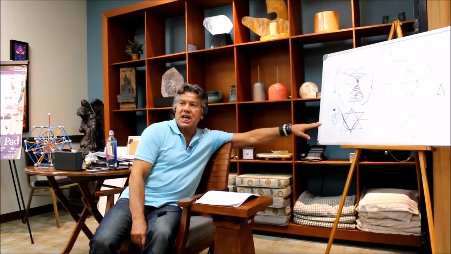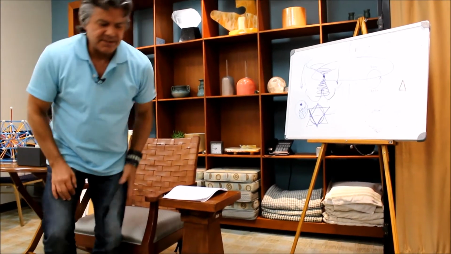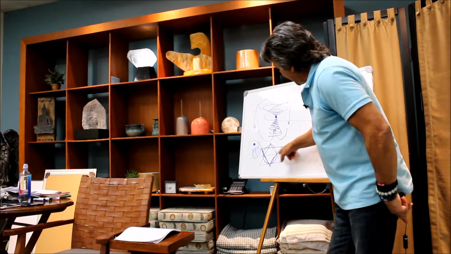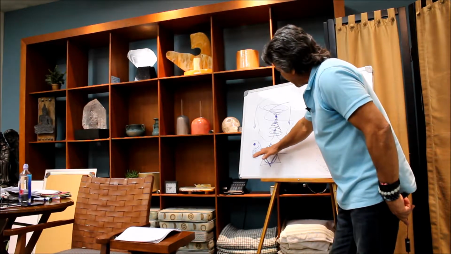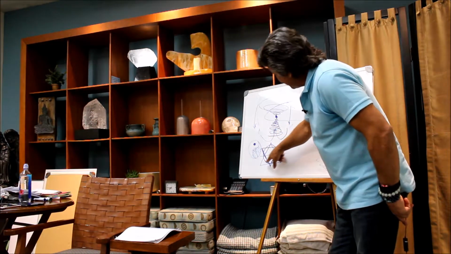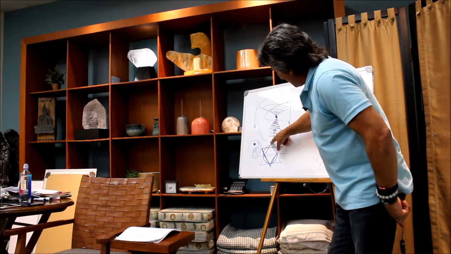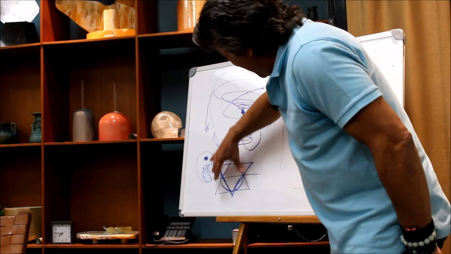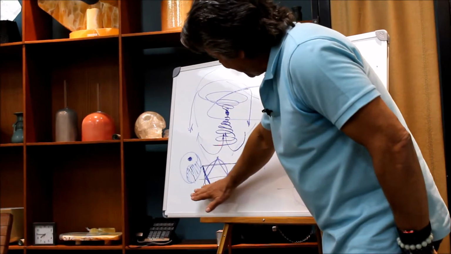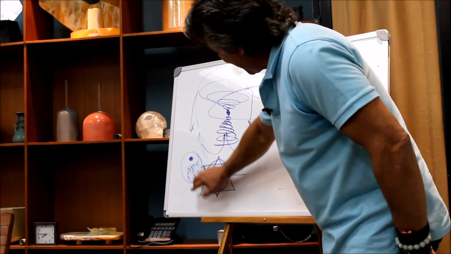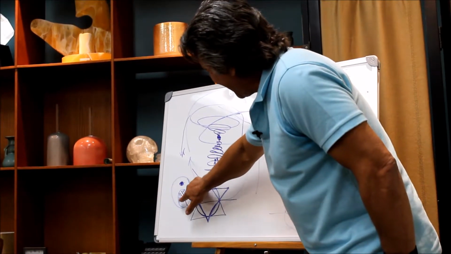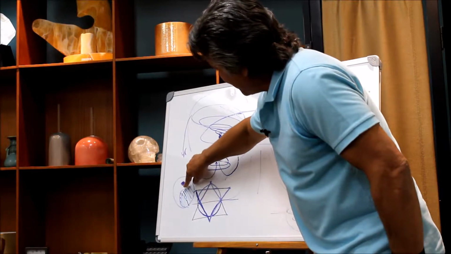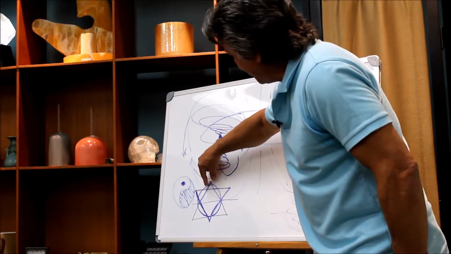And I showed how the star tetrahedron, if you were to draw a circle and divide it in half, half of it is black, half of it is white, half of the diamond pokes through the top side, which would be representative of the dark side of the diamond, or the yin side, and the top part is inside of the white part, or yang, of the yin and yang.